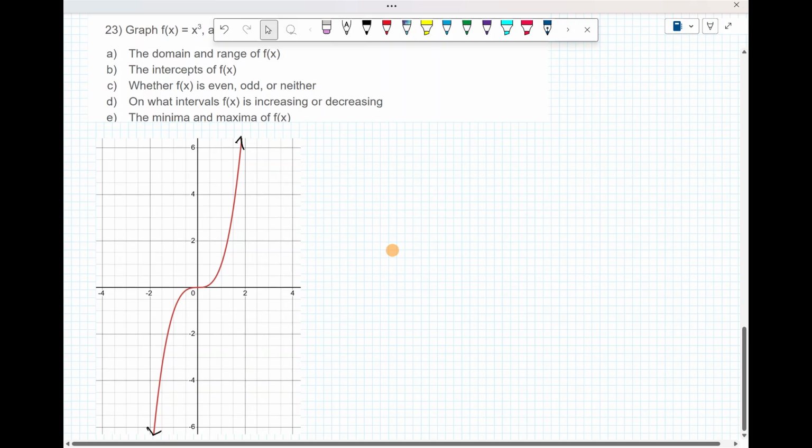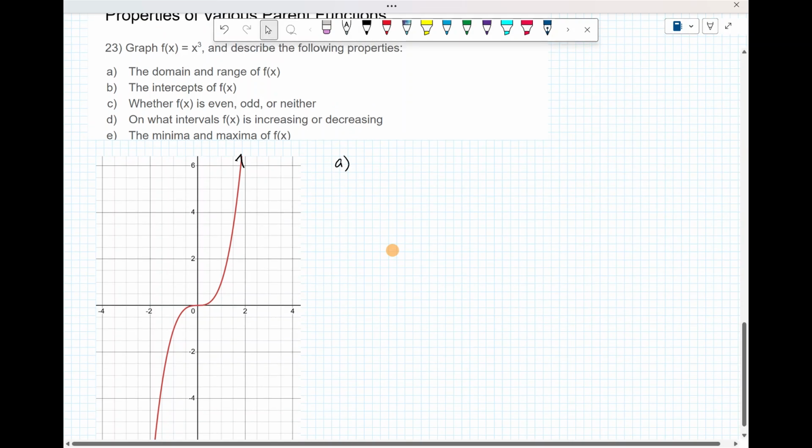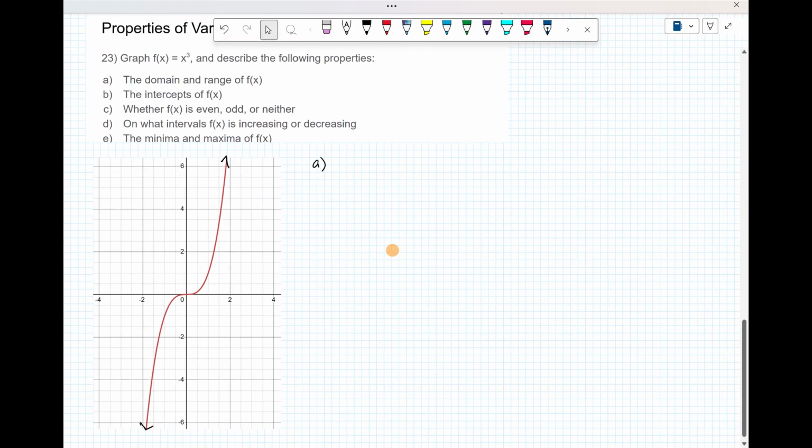All right. So let's discuss what is the domain and range. The domain, again, if you think about it, you can plug in any negative number, any positive number, or 0 into the function f of x equals x to the third. This graph will keep going further and further to the left and further to the right if I zoom out.